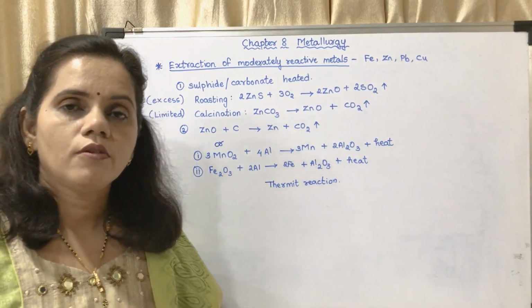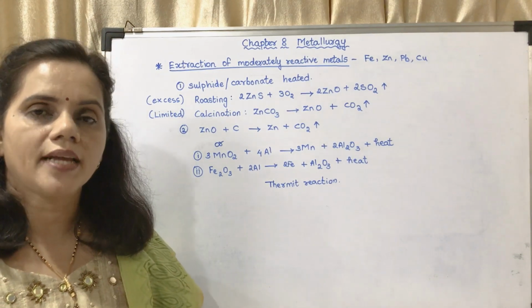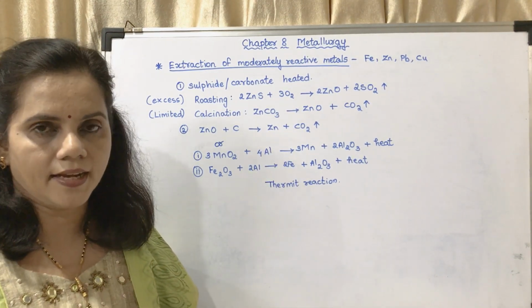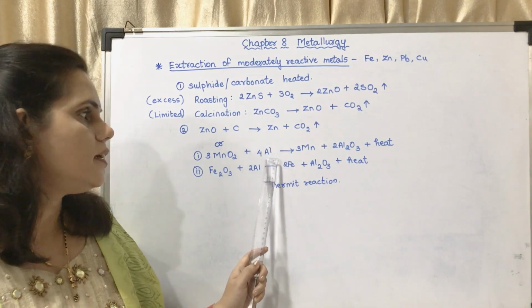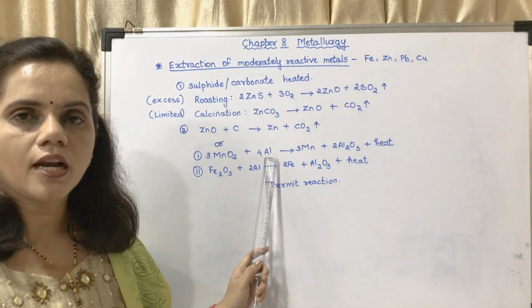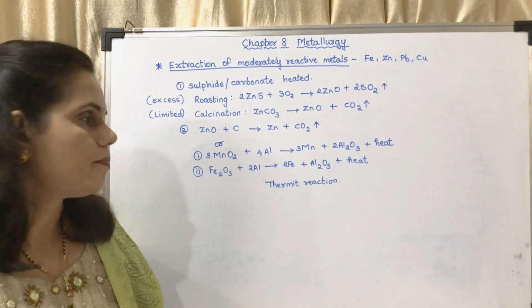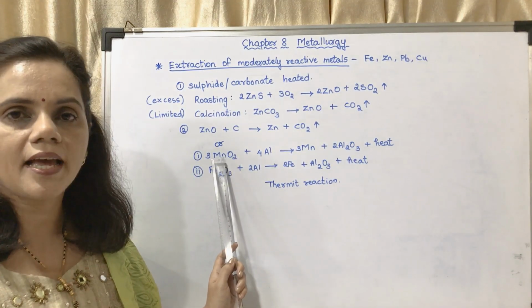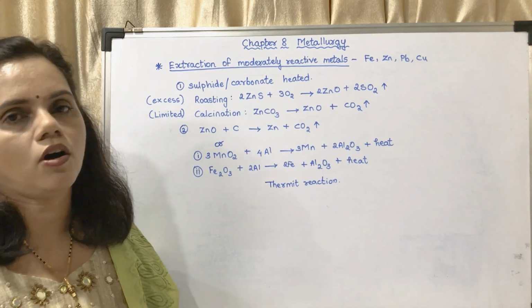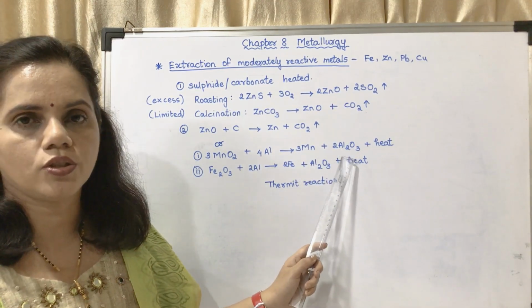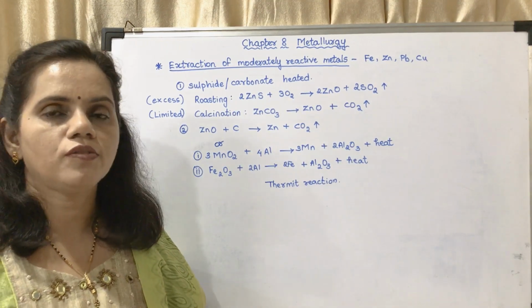What will we do? We will make it react with another metal which is more reactive than that. Here we are making it react with aluminium. This aluminium is more reactive than Mn, so it will displace Mn and take away that oxygen. So it will form Mn plus Al2O3 plus a large amount of heat.